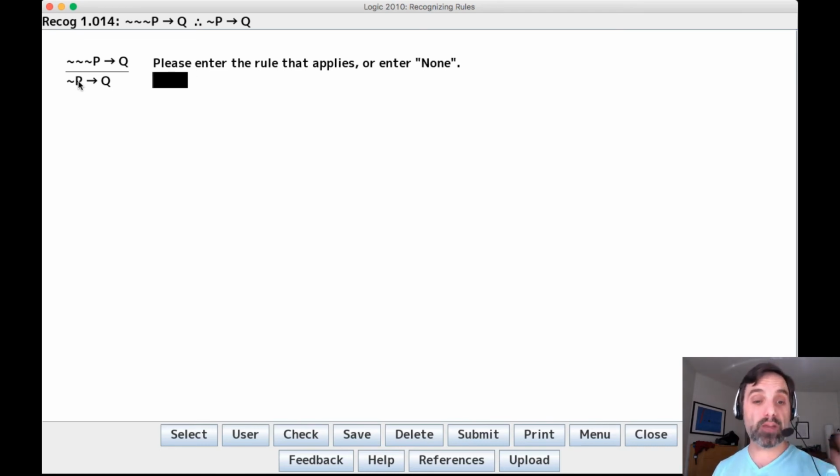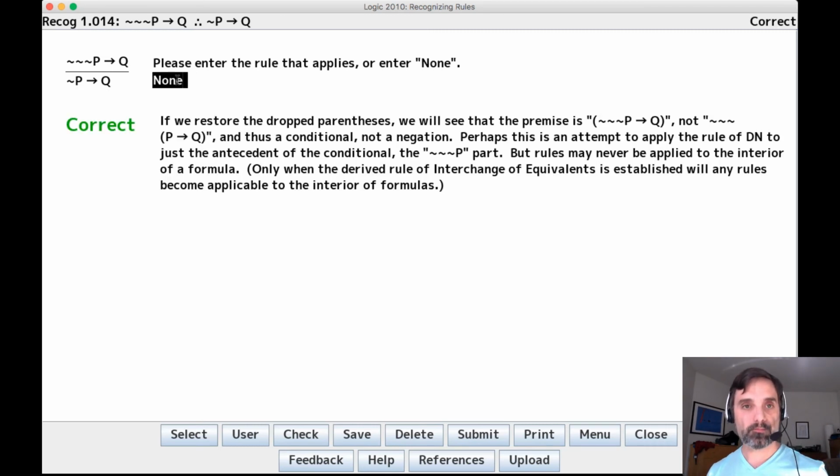And so this is not an application of double negation elimination. Now you could do a derivation of this argument, but it's not an application of that rule. What you're doing is, in a sense, you think, oh, I'm applying double negation elimination to the inside of the formula, or the sentence. In general, you cannot do that. In fact, you can't do that at all in this course. You get to chapter 4, if you take the Philosophy 132, then you get a rule that sometimes allows you to do that, but now we can't do that, and there are reasons why in general you can't.